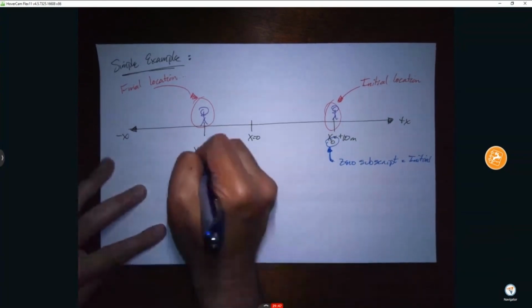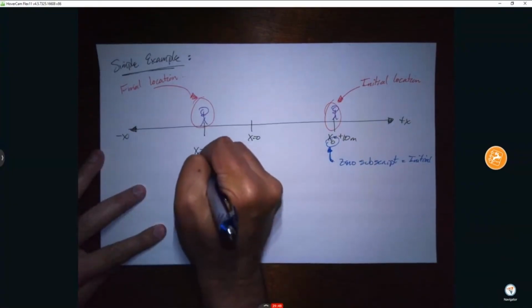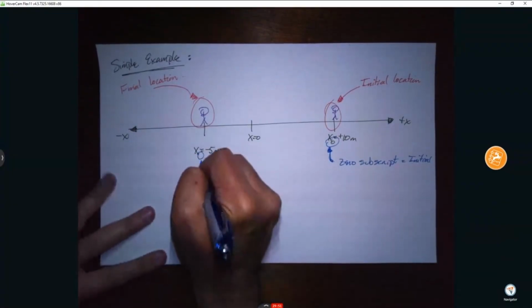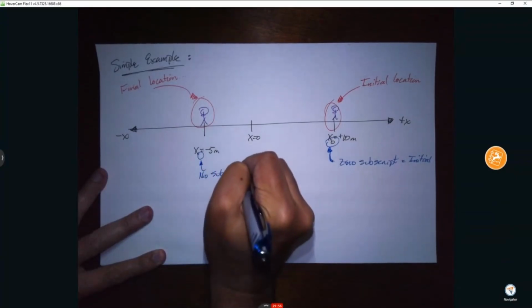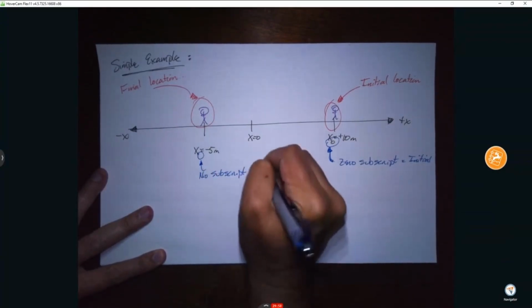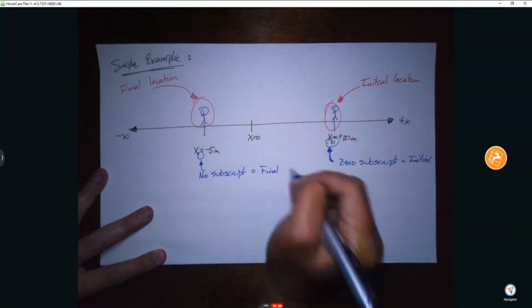So 0 subscript is the initial. And if there is no subscript, then this is the final.